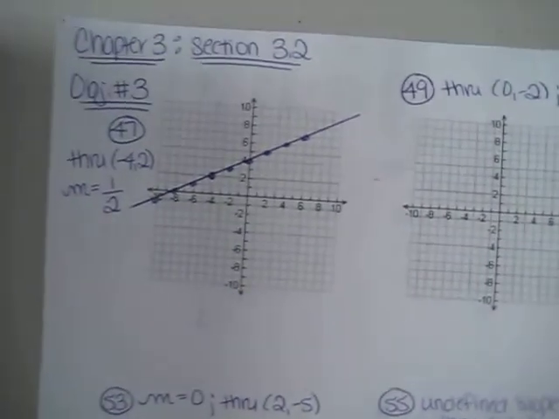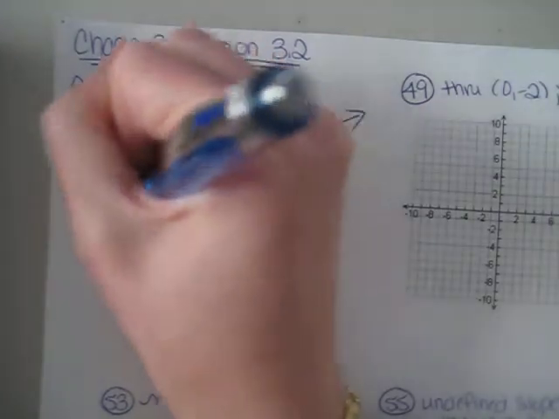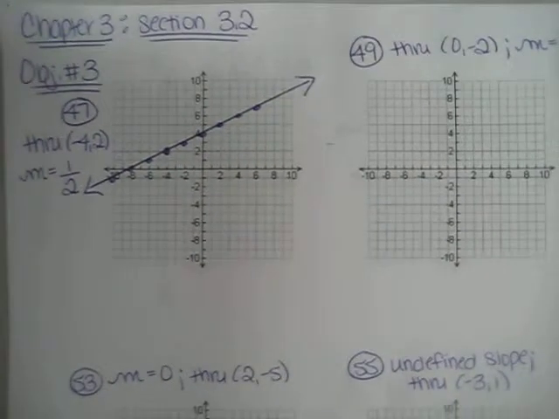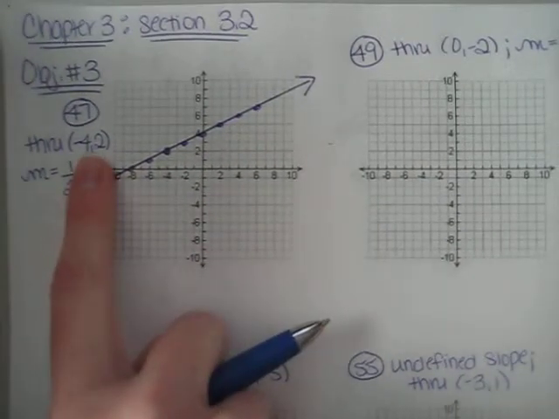So then I take my straight edge and I connect the points and I am left with this graph. So there we go. We graphed number 47 starting at this coordinate point and using the slope.